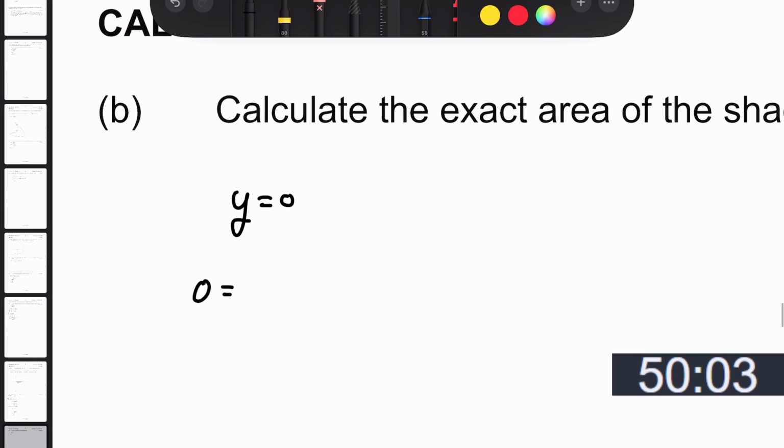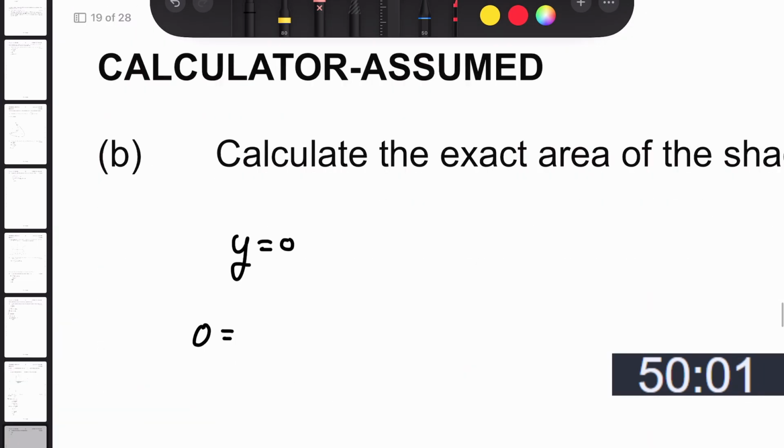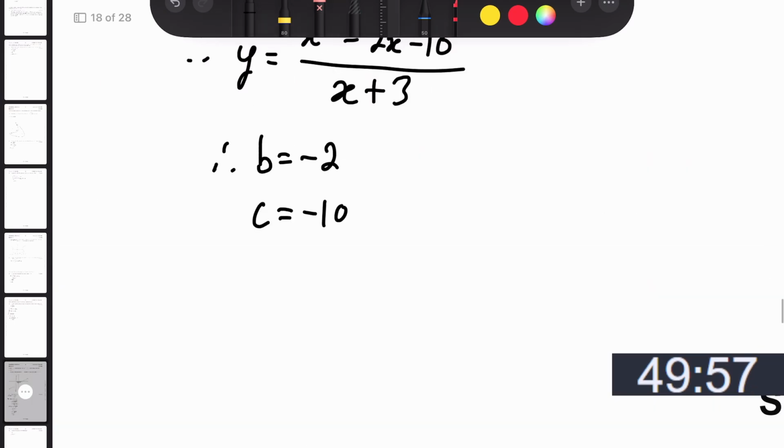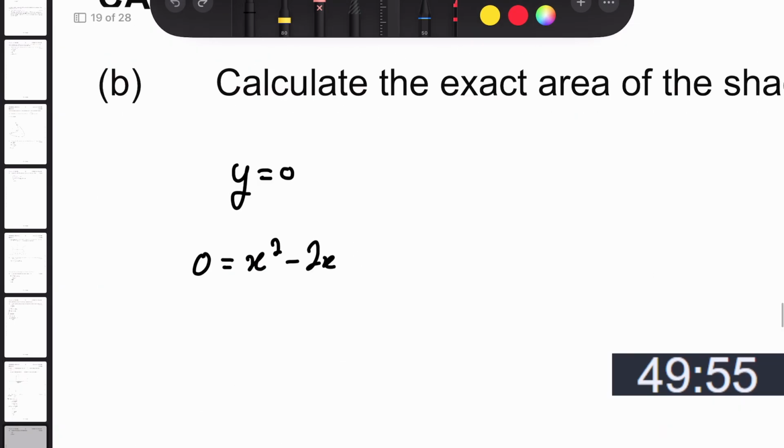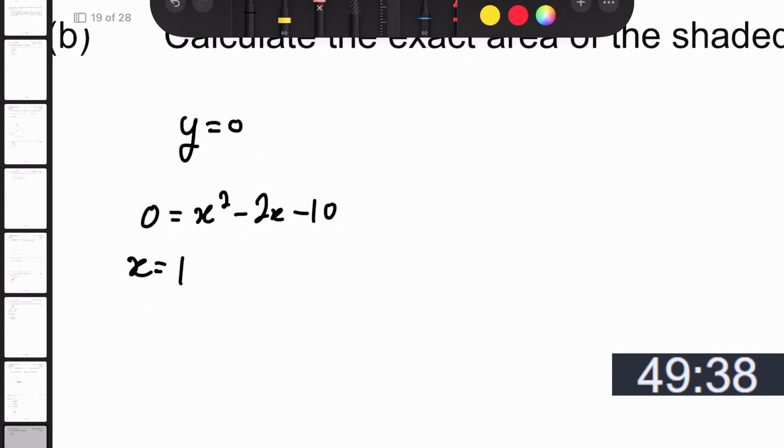So 0 is going to be equal to x squared minus 2x minus 10. So let's say this is negative 5 and 2. No. x is equal to, okay, these were not nice numbers. So this was 1 plus or minus square root of 11.